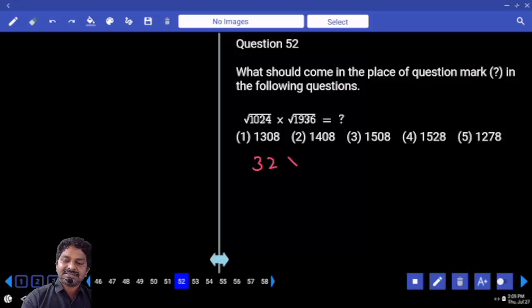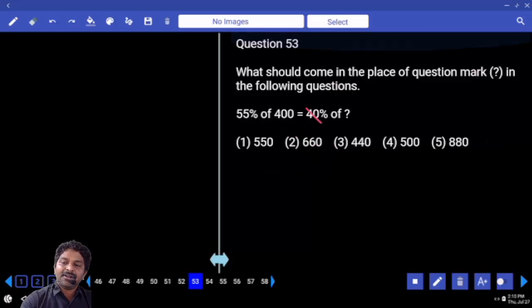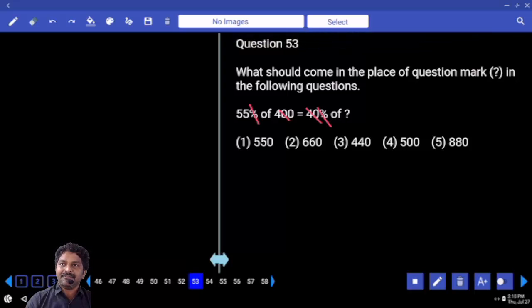This we covered yesterday, I think. 32 into 44. Yesterday's paper lo undi idi. Answer must be 11 multiple, and we said second option 5. Second option is answer. 11 multiplication. Next. 40 gets cancelled. Percentage gets cancelled. Left over 55, 10 times 5, 50.